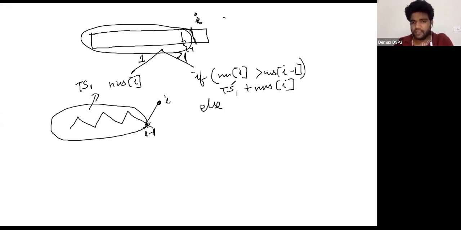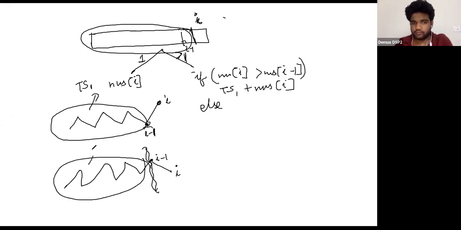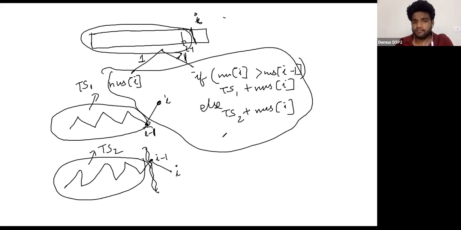Otherwise, if nums of i is less than nums of i minus 1, you have to find the longest turbulent subarray ending at i minus 1, which increased at i minus 1, and extend that. Call this TS2. So this will be TS2 plus nums of i. And you will take the maximum of all these.